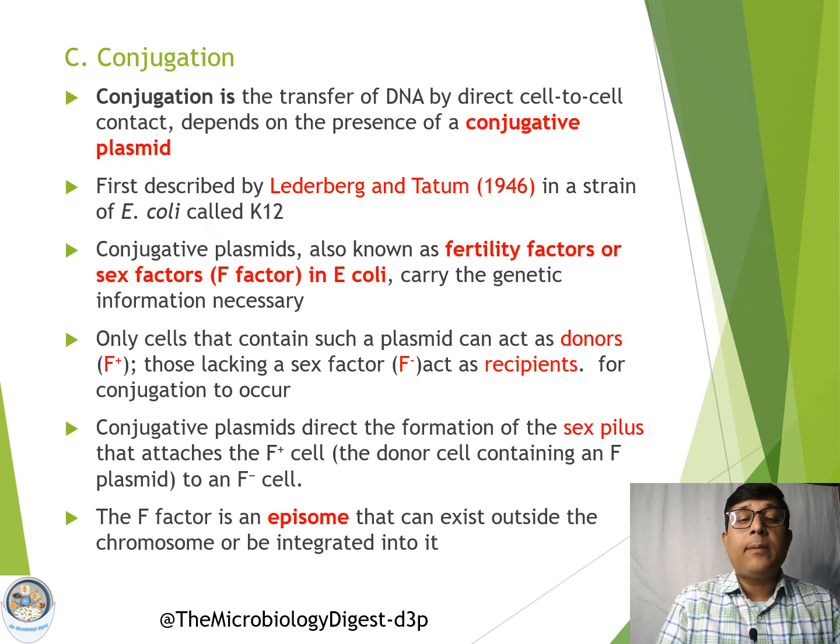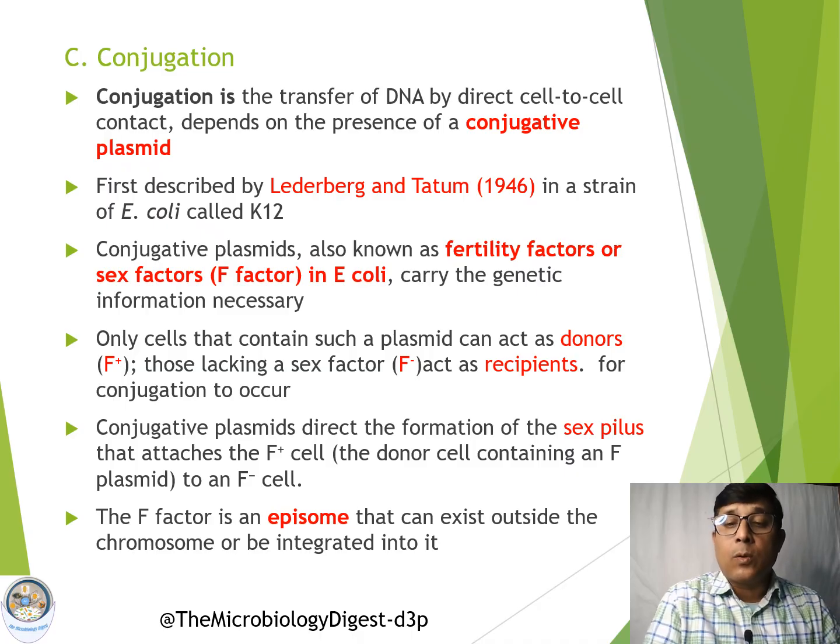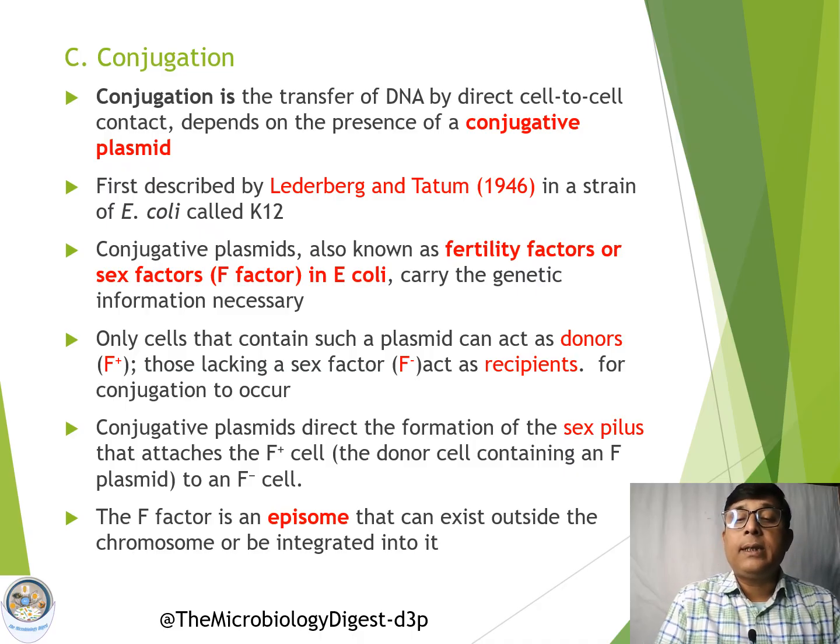Those bacteria which contain the conjugative plasmid or F factors can only act as donors, and they are written as F plus, meaning they have the fertility factor. Those bacteria lacking the sex factor or fertility factor can act as recipient bacteria.